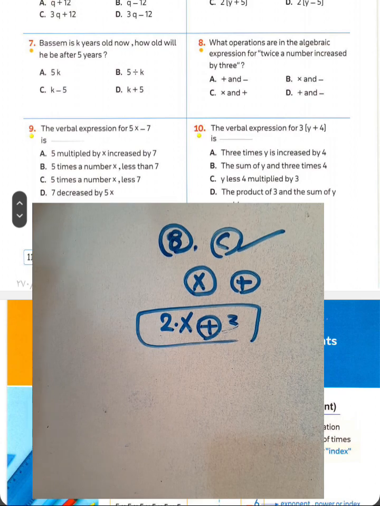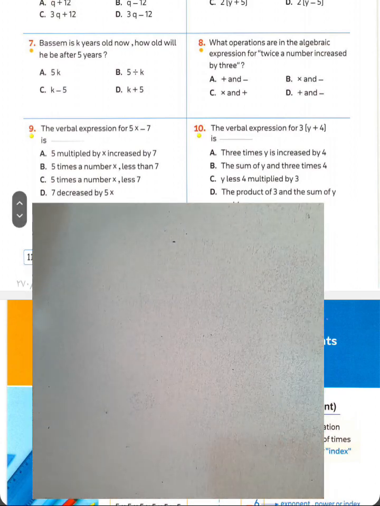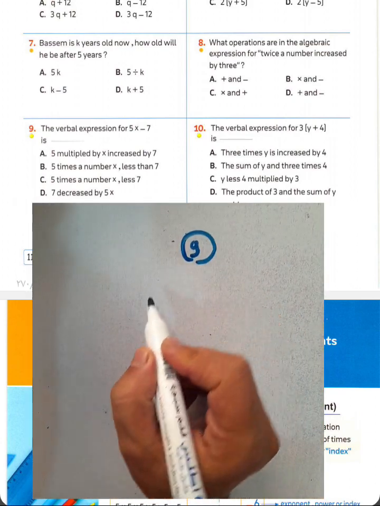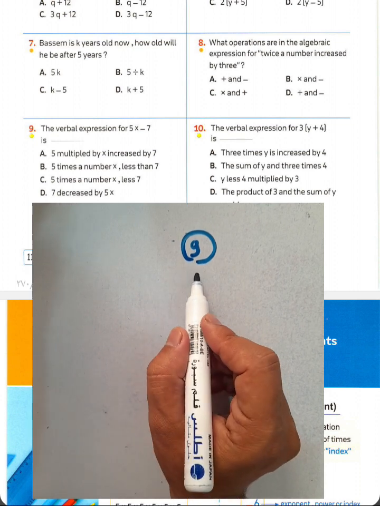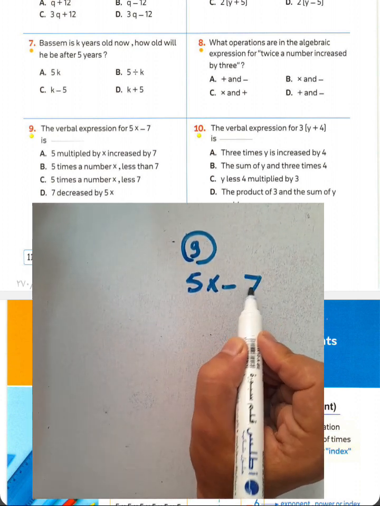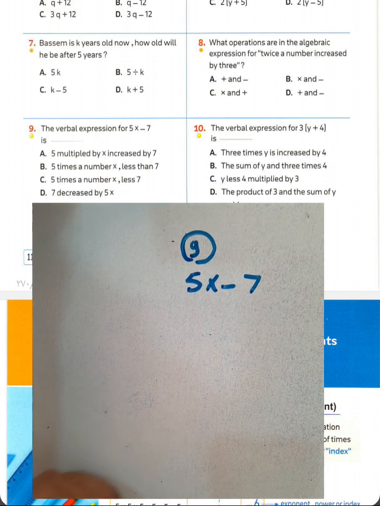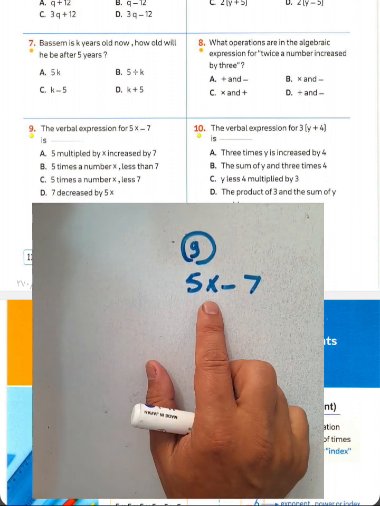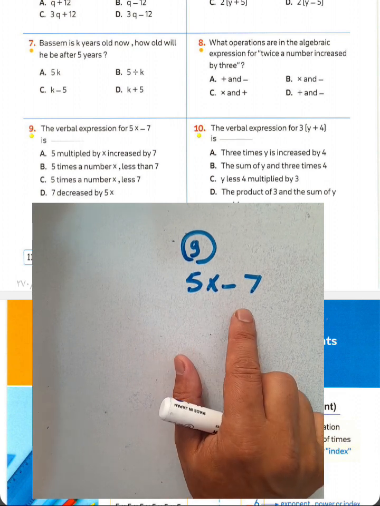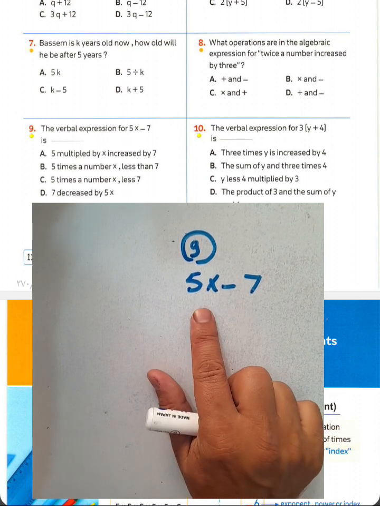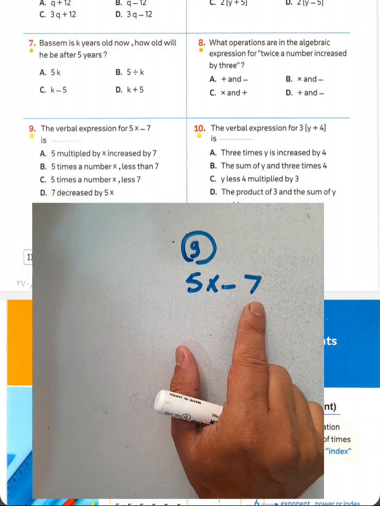Question number 9. The verbal expression 5x subtract 7 is what? We can read this as 5 times a number less 7.